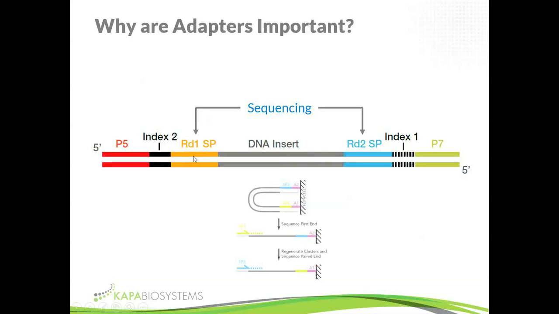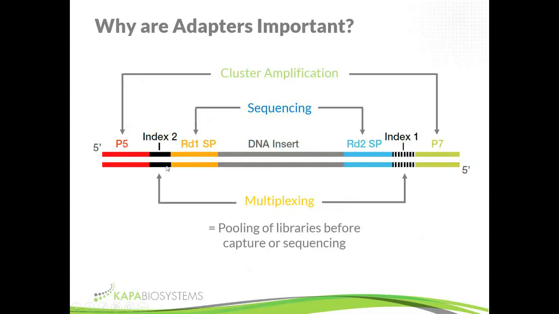And then the third one is what we call the index, or the barcode, and this allows us to do multiplexing, so pooling of libraries before sequencing. The degree to which you do multiplexing depends on the sequencing application and the sample type. For instance, if you're sequencing whole human genomes, you're typically going to load a single sample on a single lane, and then there's no reason to distinguish samples in the final sequence data from one another.